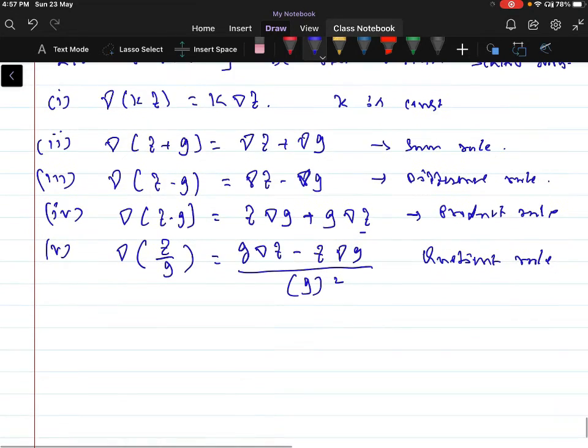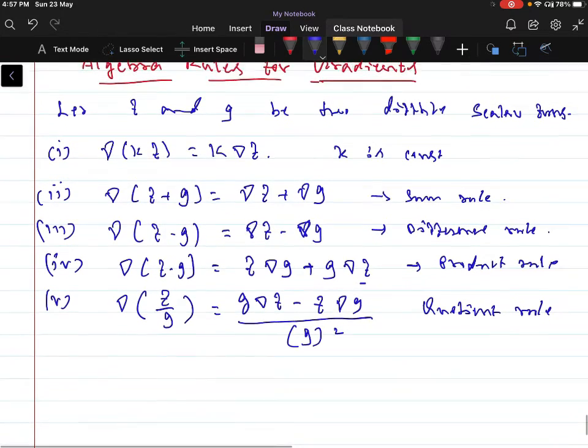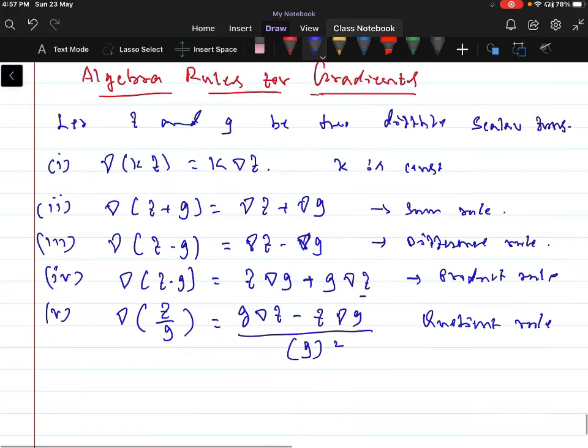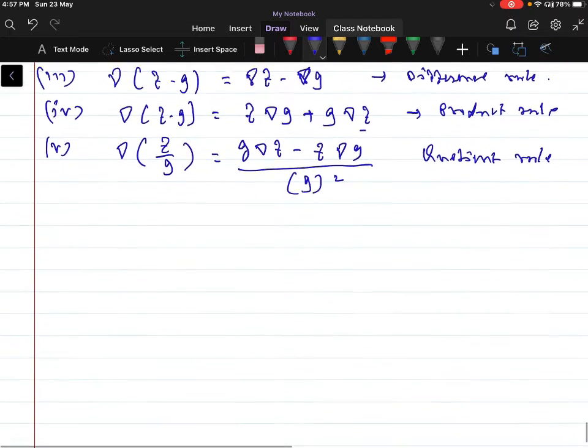So these are the algebraic properties of the gradients. Let us take an example.